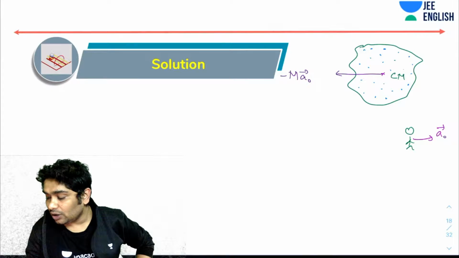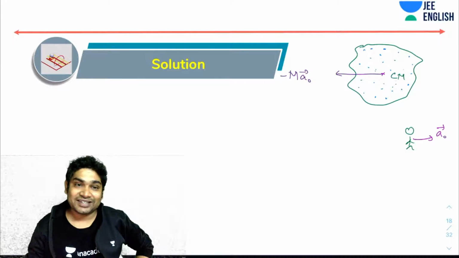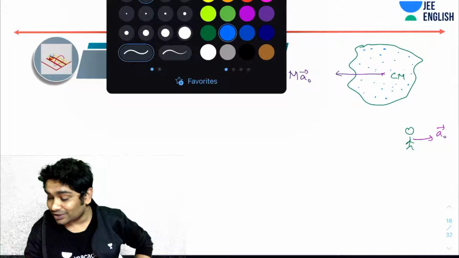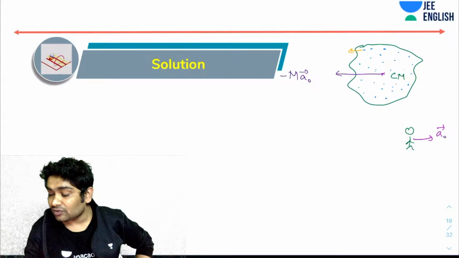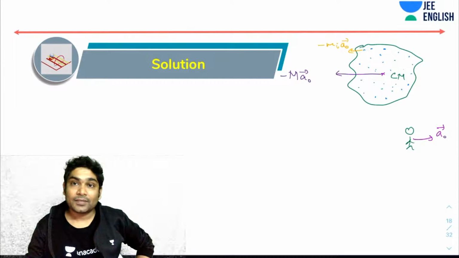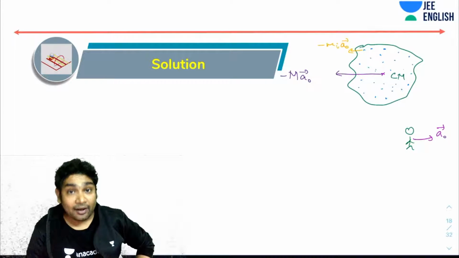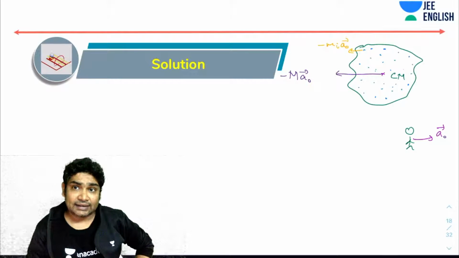All these point masses that are making up this rigid body would have felt a pseudo force individually. Every mass, the ith particle, would have felt a pseudo force like this, right? Now, the average position of that would have come to be at the center of mass.